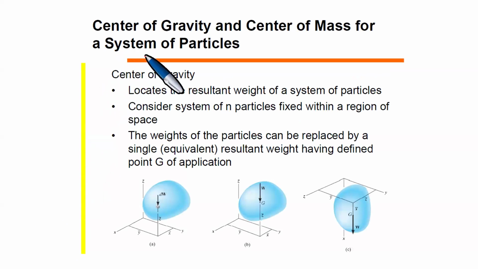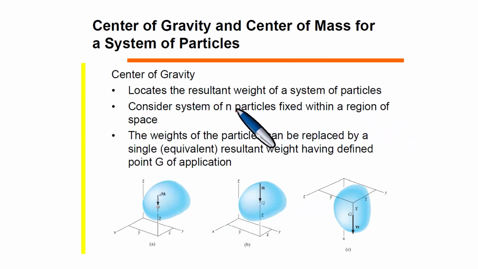The notion of the center of gravity and center of mass for a system of particles. Right, let's speak a little bit about the center of gravity for a system of particles. First point: what does the center of gravity do? It locates the resultant weight of a system of particles.